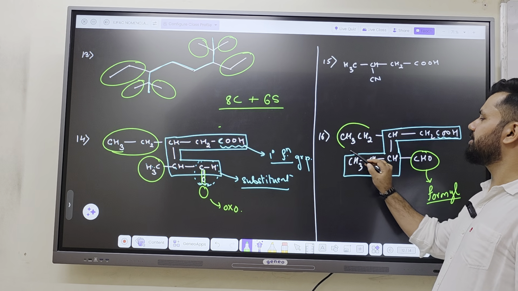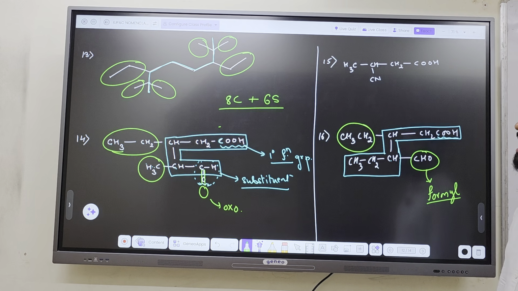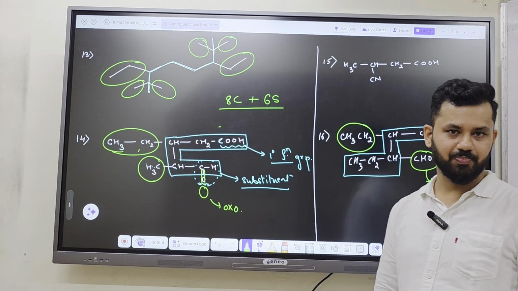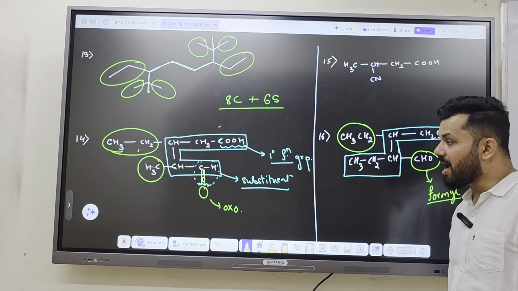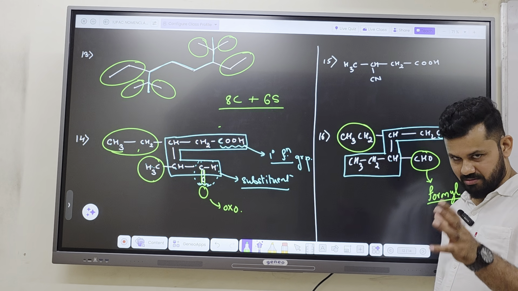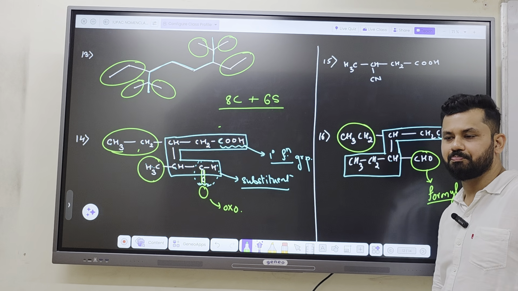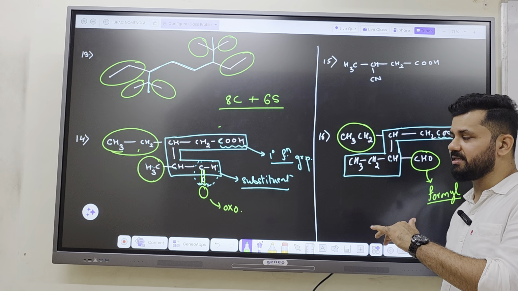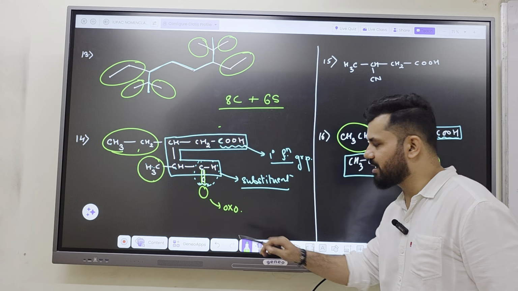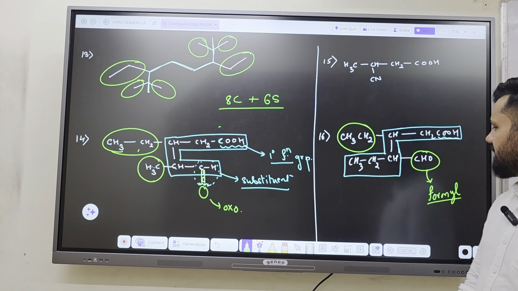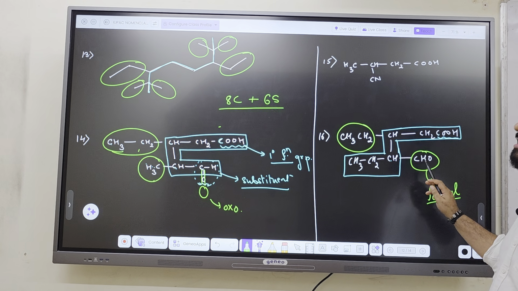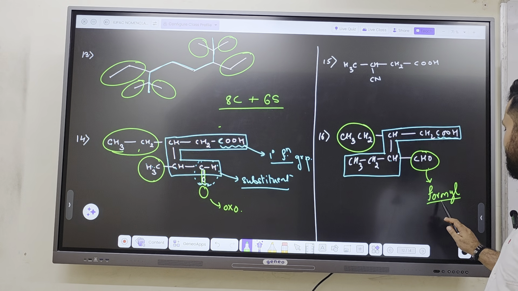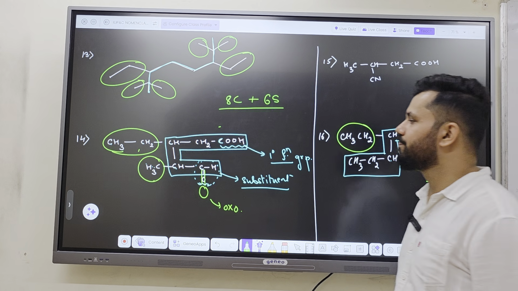The name of this substituent we already know is ethyl. This one is methyl. This one is again ethyl. So when aldehyde functional group is present as a substituent, be careful. If the carbon is inside PCC, the substituent's name would become oxo. If the entire CHO is outside as a substituent, then the prefix would become formyl.